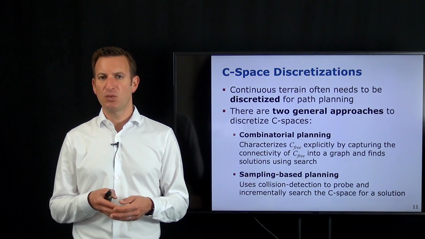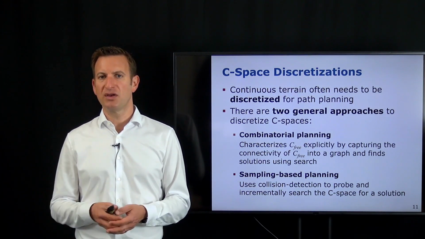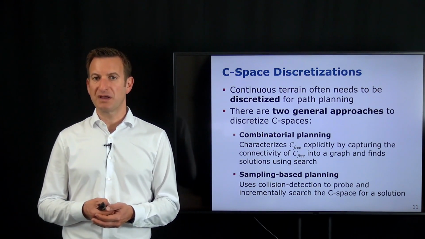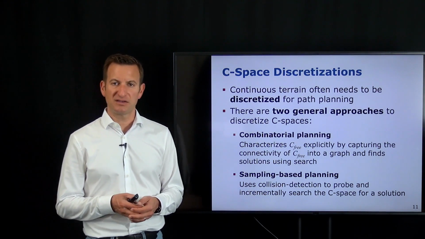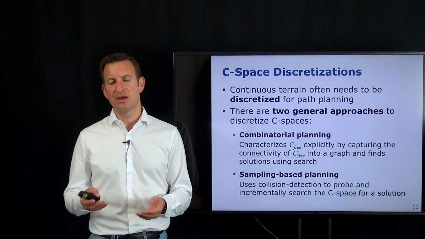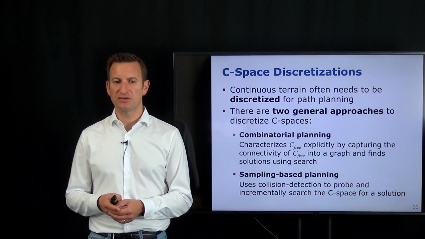The problem with this is that the complexity grows exponentially with the number of dimensions involved. So that may work for low dimensional spaces, but is much harder for higher dimensional spaces.